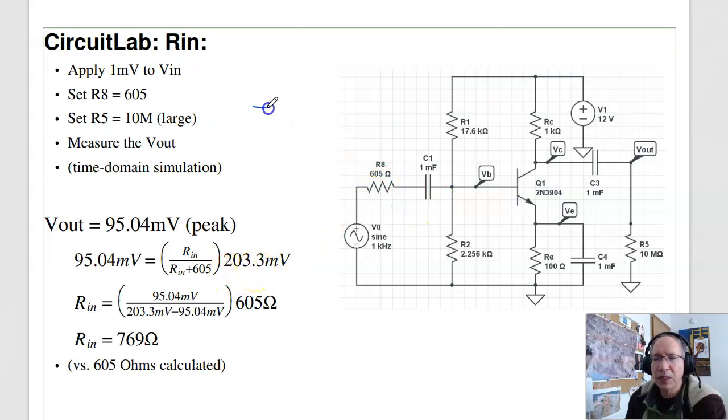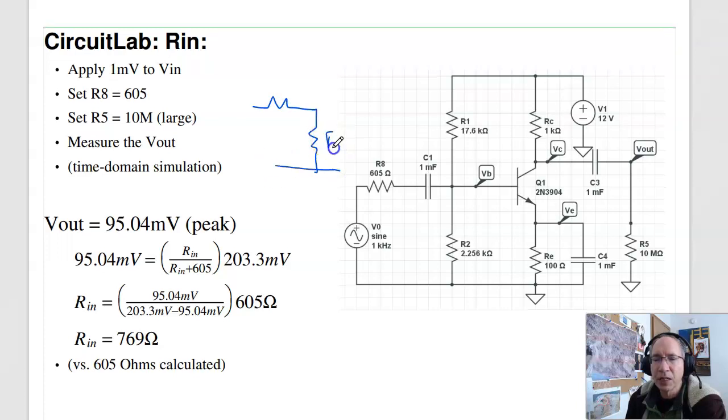So that means that the input, since AI is roughly 0, I've got your Rn, I've added 605 ohms. That 605 ohms gave you, by voltage division, this much drops 203 millivolts down to 95 millivolts. Solve for Rn, and you get Rn is 769 ohms, versus what I calculated, 605. Close, but a little bit different.